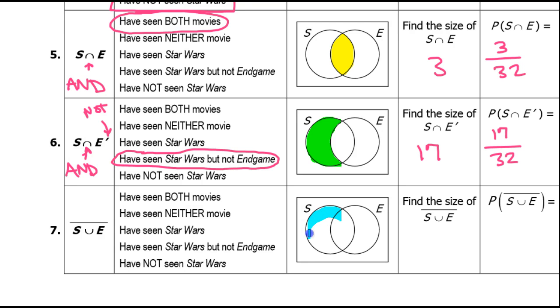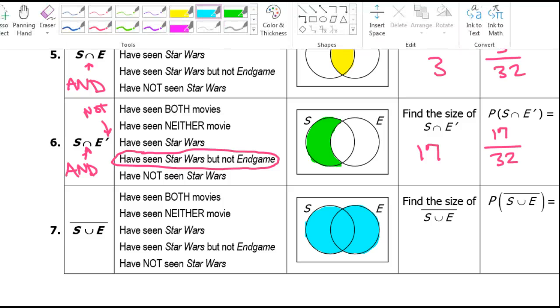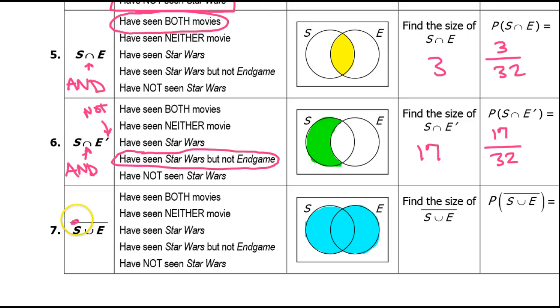All right, S or E is everything that's in here. All right, or means all of both sets. Okay, that's what it would look like. That's what the shading would look like if there was no line up here, if that didn't exist. All right, S or E.